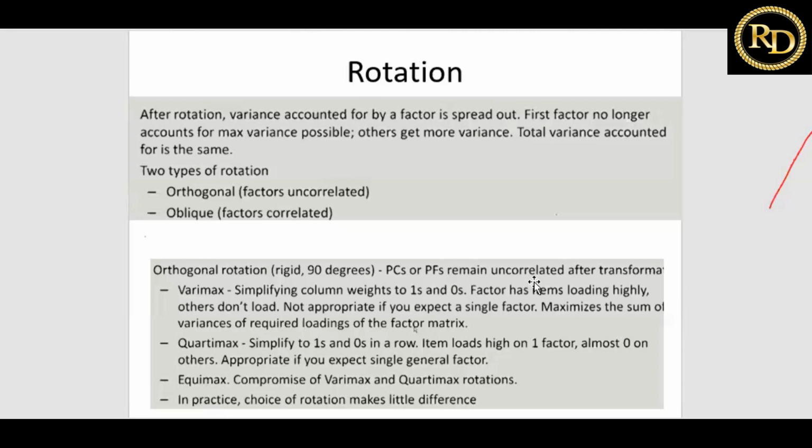You can use orthogonal rotation, where factors are uncorrelated, or oblique, where factors are correlated. In orthogonal rotations, you can go for Varimax, Quartimax, and Equamax. Most of the time we will be using Varimax rotation.